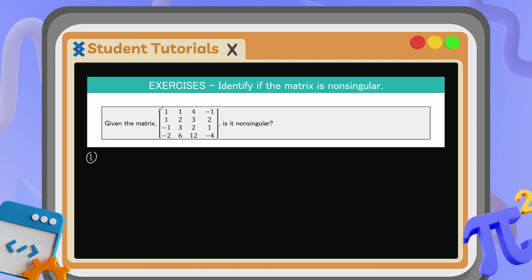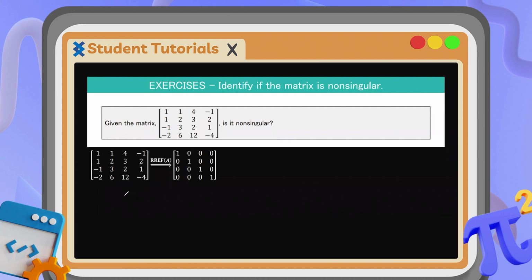So first, we basically take the inverse of the matrix, and from there, we can try to observe the results. When we take the inverse of this matrix, we will get something like this. Notice that we have gotten the identity matrix.